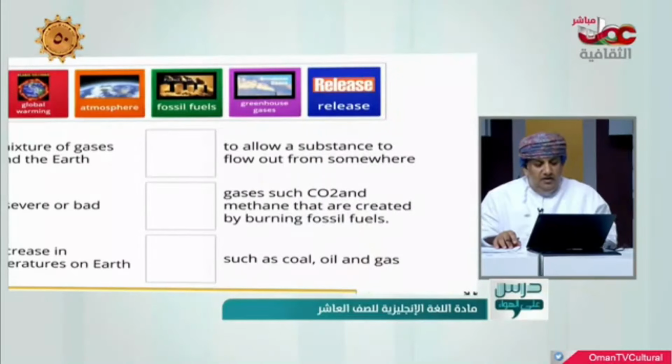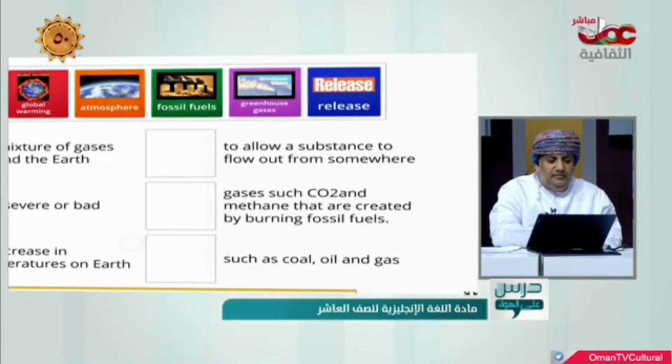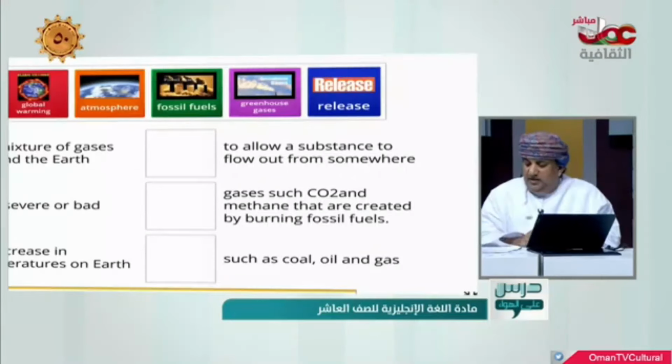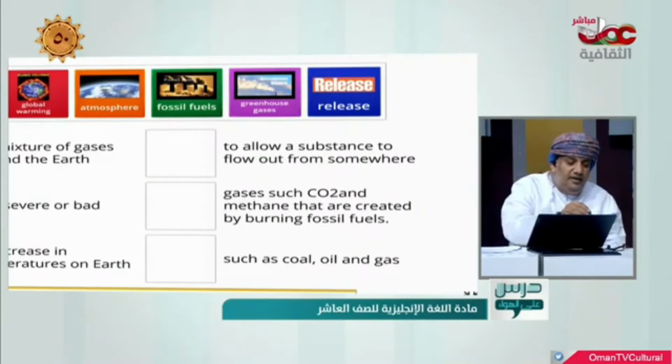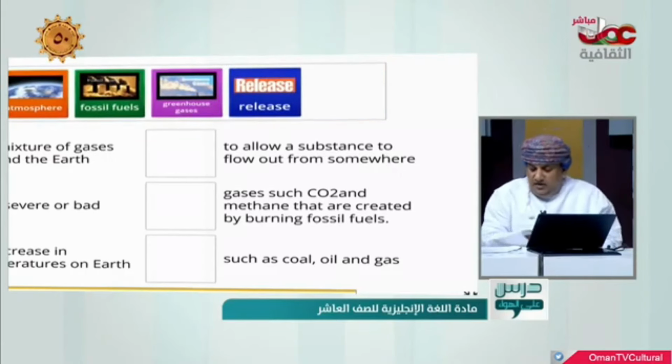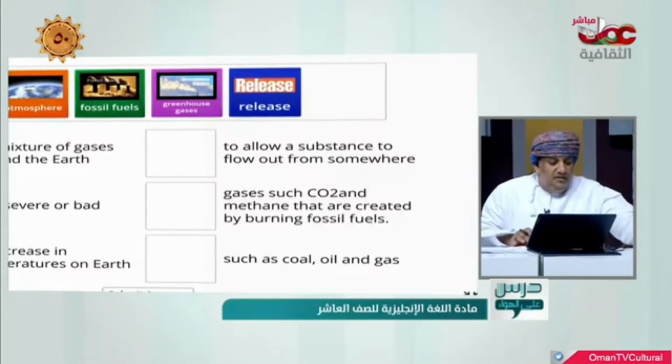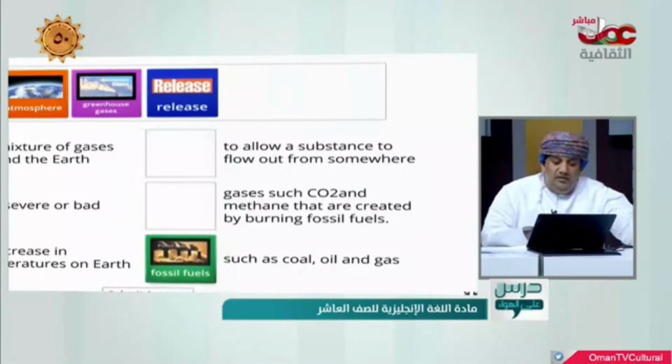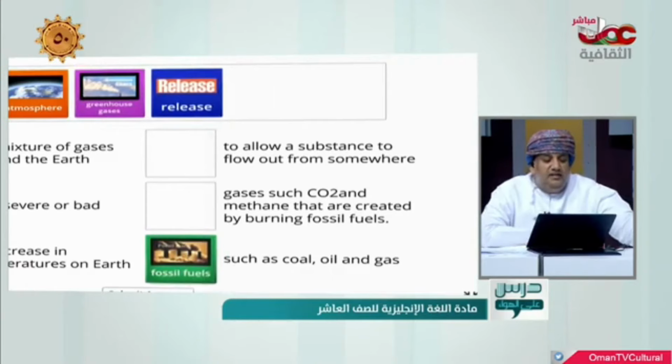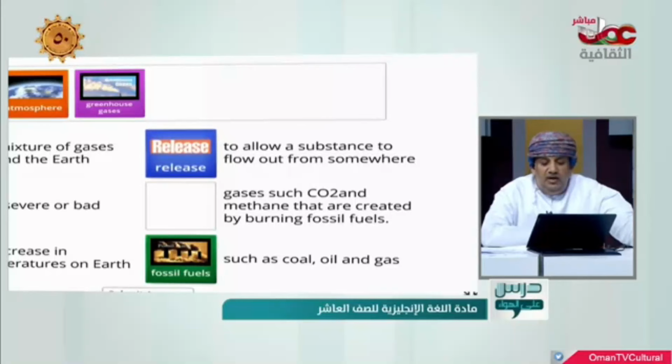Now we have some words with their meaning. Okay? Now, extreme. What does extreme mean? Very severe or bad. So global temperature, fossil fuels like coal, oil, and gas. Okay, greenhouse gases. Okay, release means to allow a substance to flow out from somewhere.